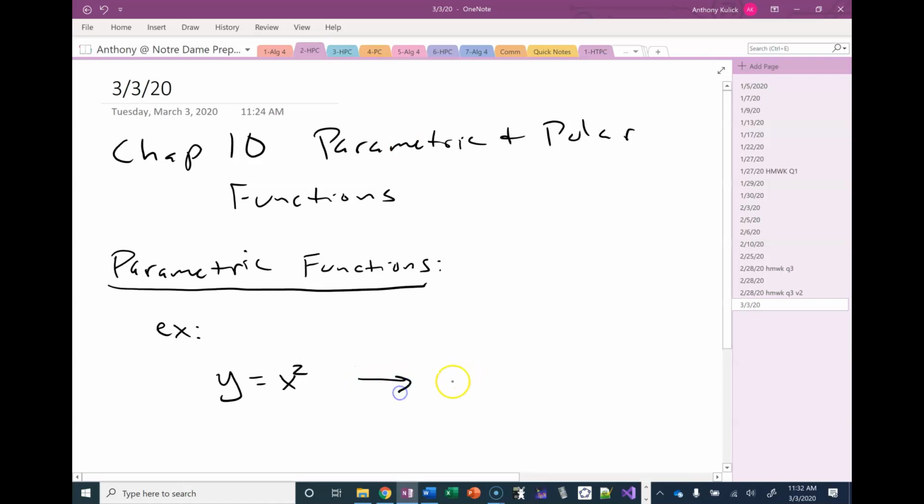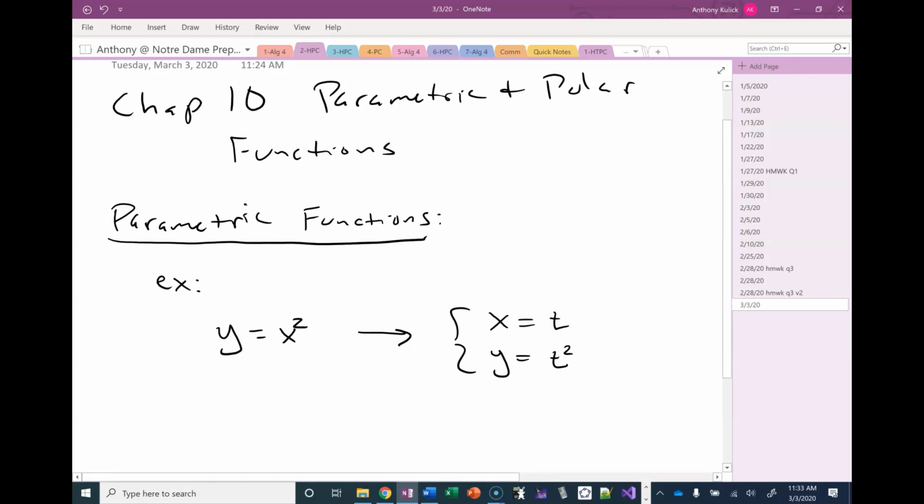The parametric version of this will define a function that gives us our x coordinate, and we define a function that would give us our y coordinate using some dummy variable. That dummy variable is our parameter. So in this case, t is our parameter.